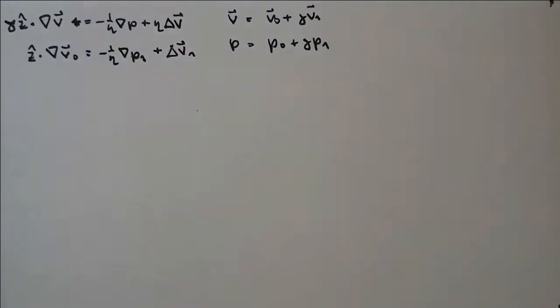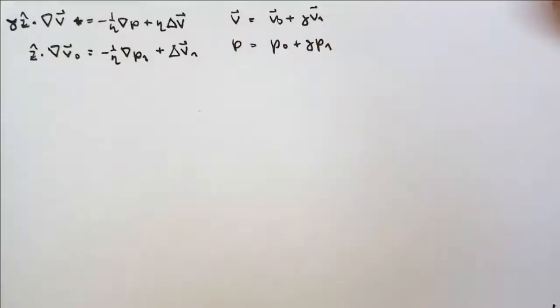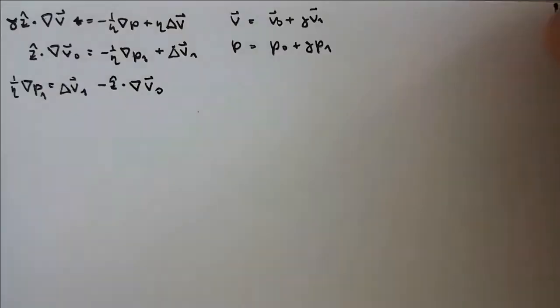And from this, it's easy to write that 1 over eta gradient of pressure 1, the first correction, is the Laplacian of v1 minus z hat dot product with gradient of v0.